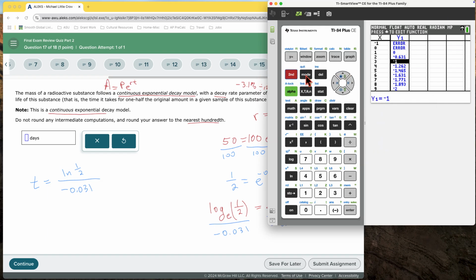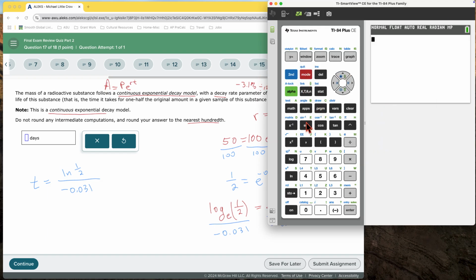So I come to my calculator, let's clear that out. I just enter in natural log of 1 divided by 2, or you could put in 0.5, both will work, divided by negative 0.031. And it's dependent upon the percentage decrease, right? 22.35 days.